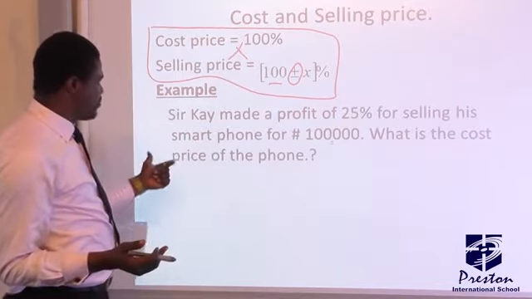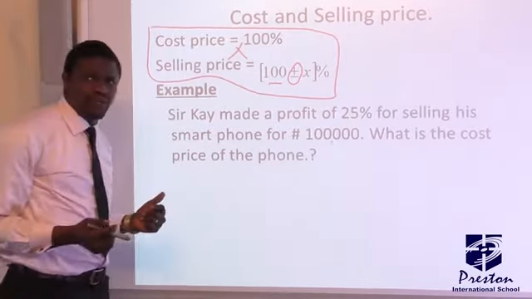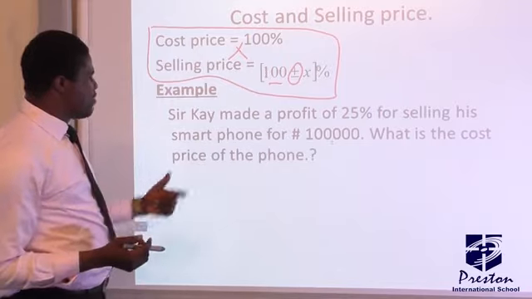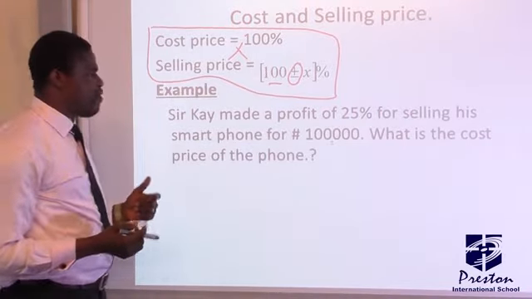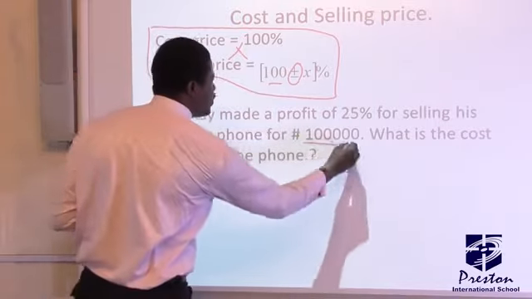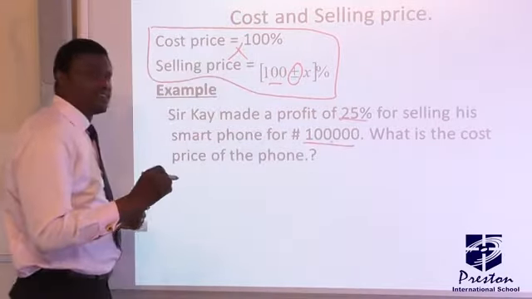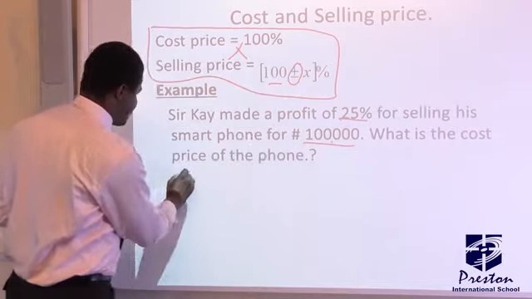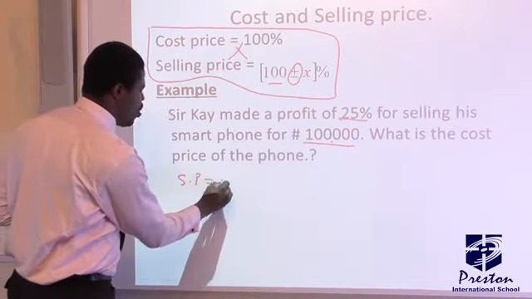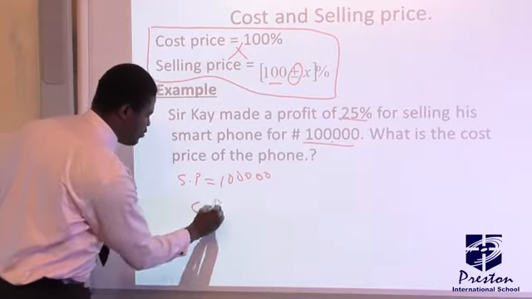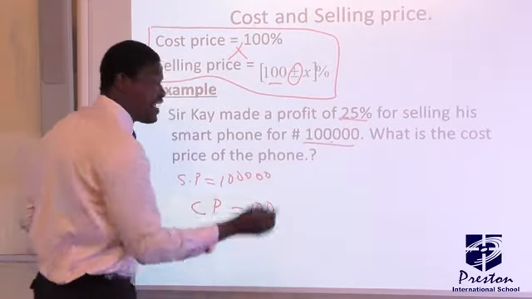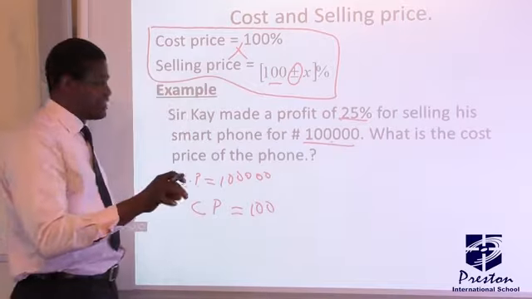Now let us take, for instance, this example, and I will apply this formula. Sake made a profit of 25% for selling his smartphone for 100,000. At this point, the profit is 25%. The selling price, SP, is equal to 100,000. If we want to use this formula, CP, like I've said earlier, is constant, 100%.